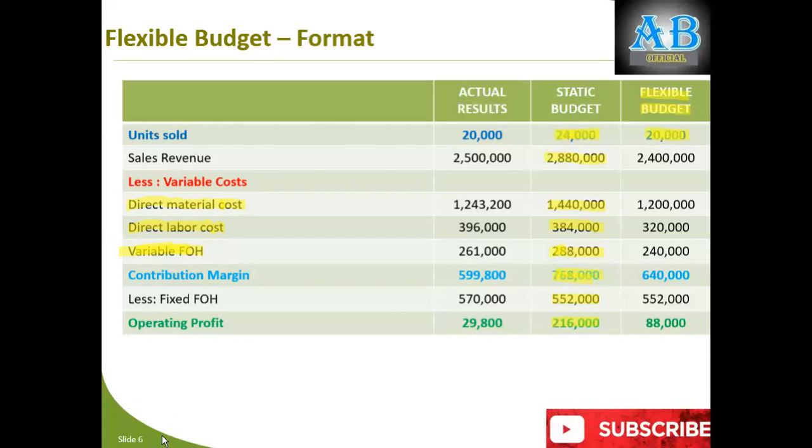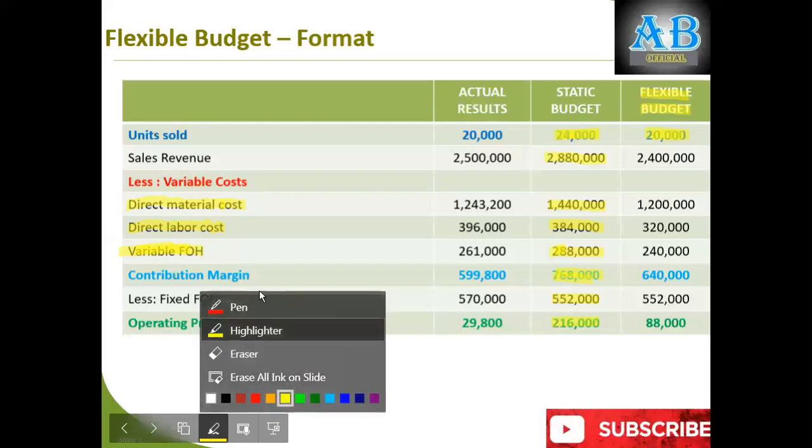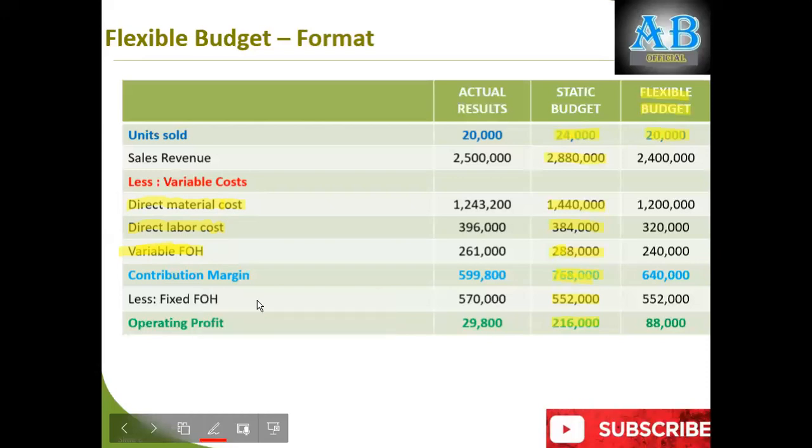So first of all, we calculated the variable cost per unit at static budget activity level or any other activity levels you may have. Like this is 1440 divided by 24. I'm just eliminating the thousands figure.